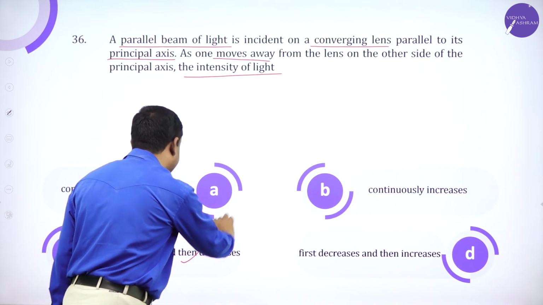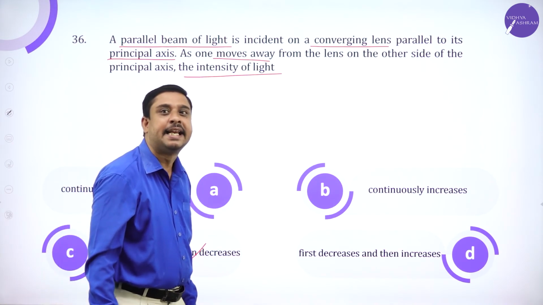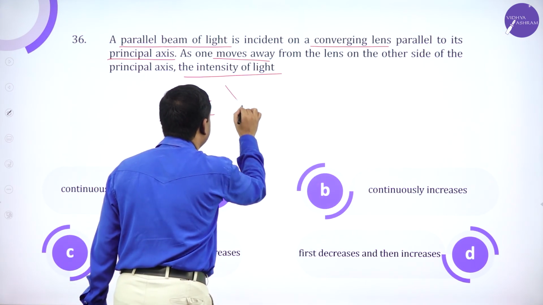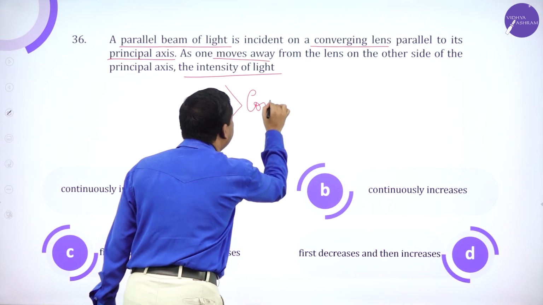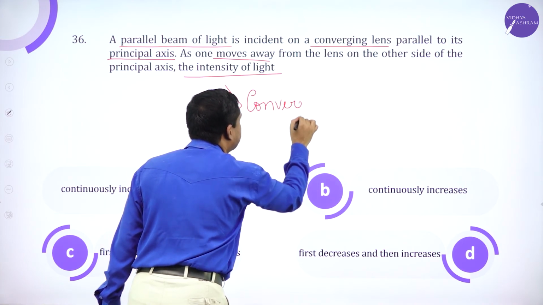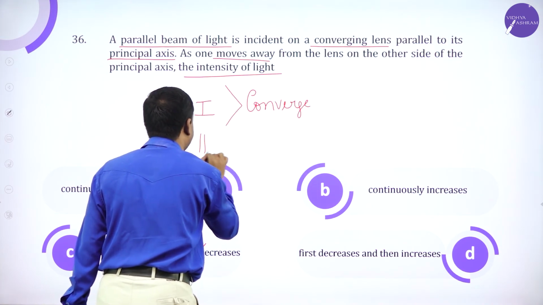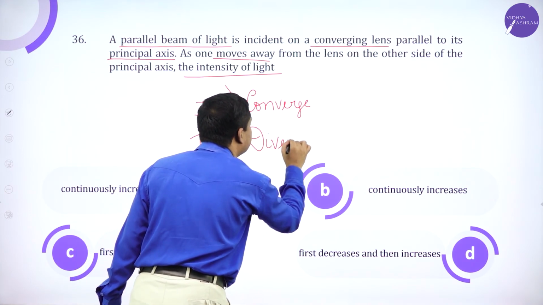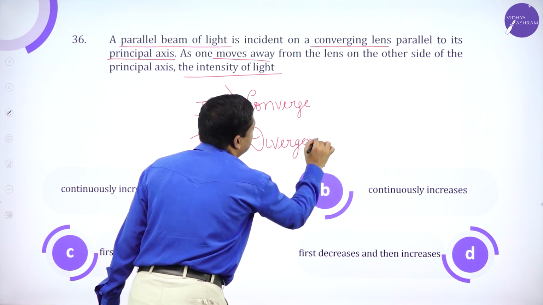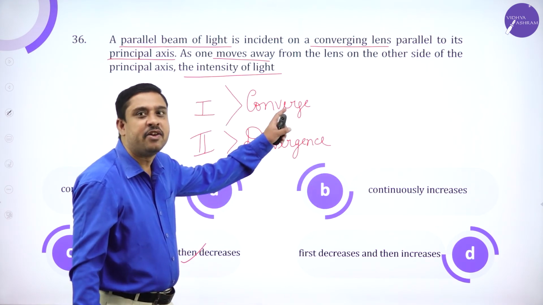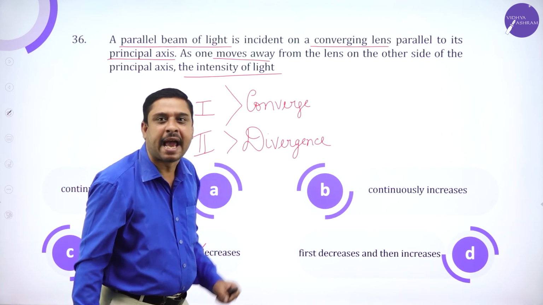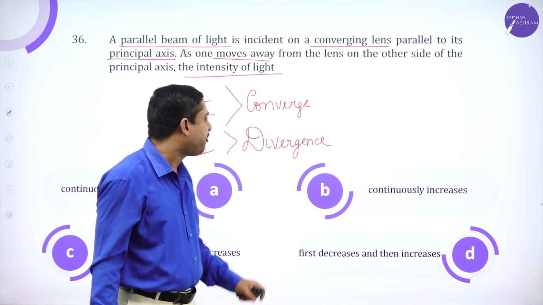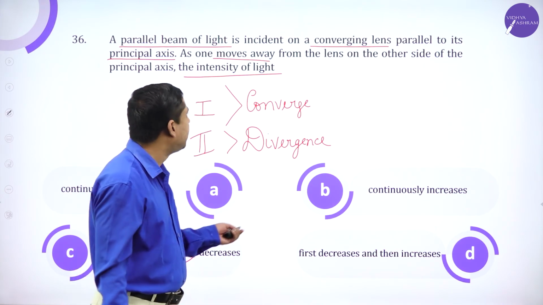It should first increase and then decrease. Why? Because first light converges, and second, there is divergence of light. Since first light converges, its intensity has to increase. Then it diverges, therefore its intensity has to decrease.